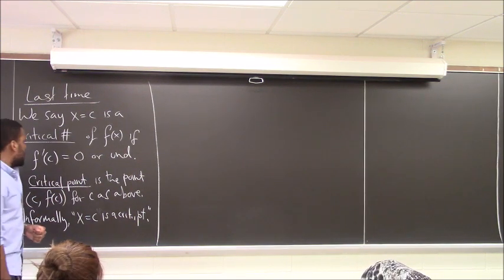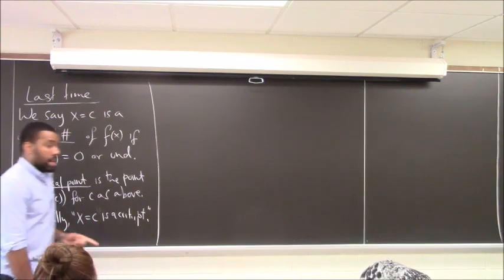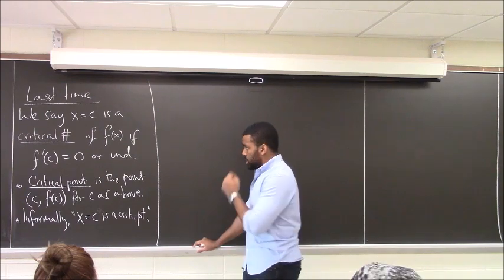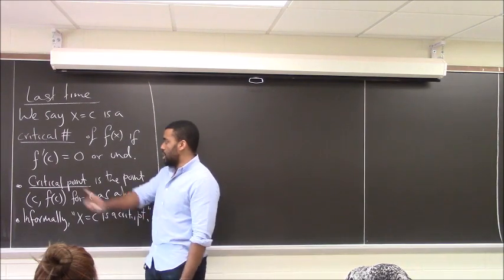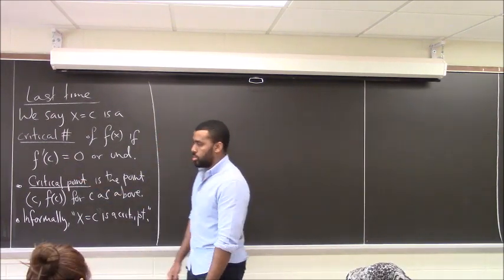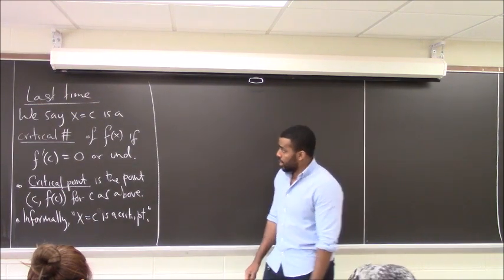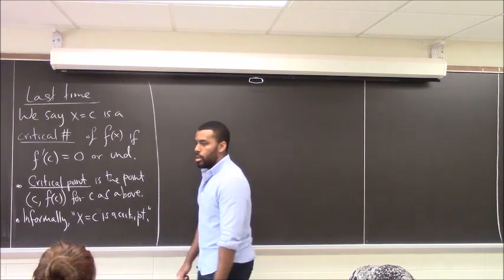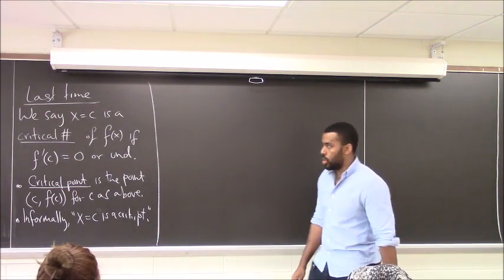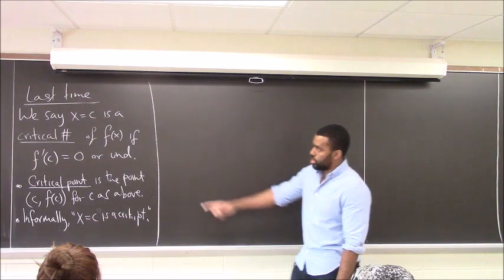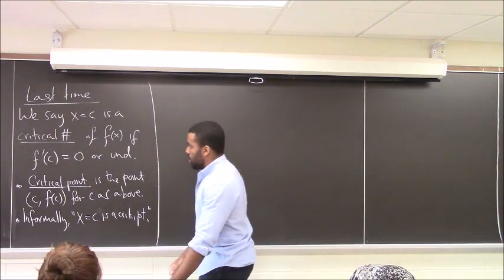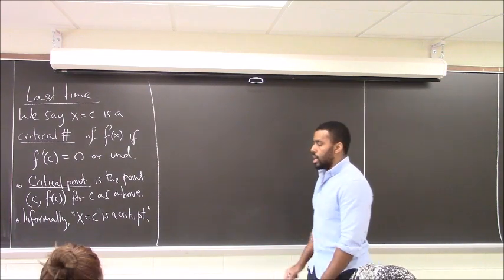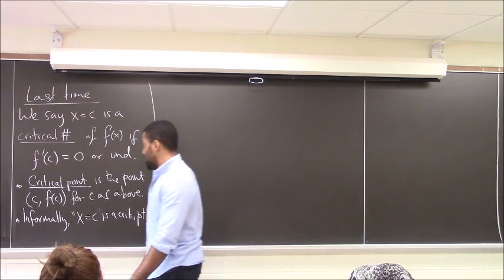Now, these guys are important because, as we saw last time, we introduced the idea of maximums and minimums, and Fermat's theorem tells us that if a maximum exists, the derivative is going to be 0 there. And examples like y equals the absolute value of x indicate that if the derivative is undefined, maximums and minimums might occur there as well. So these are the two situations in which we really want to know if the derivative has these behaviors, because ultimately they're the first place we look to find maximums and minimums.